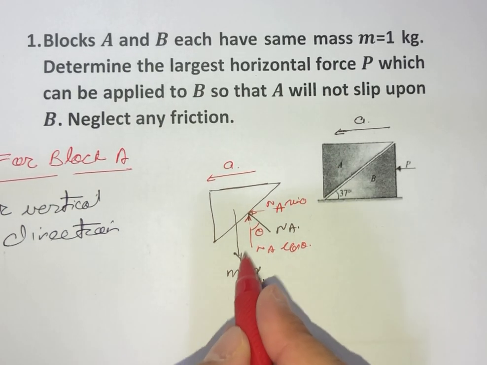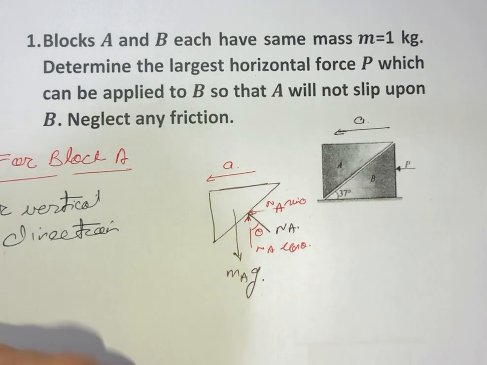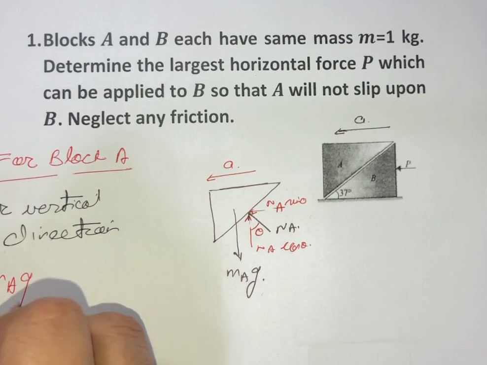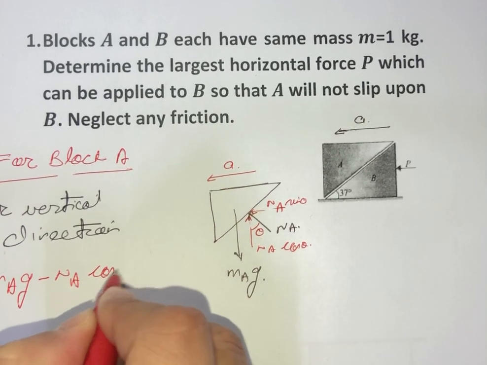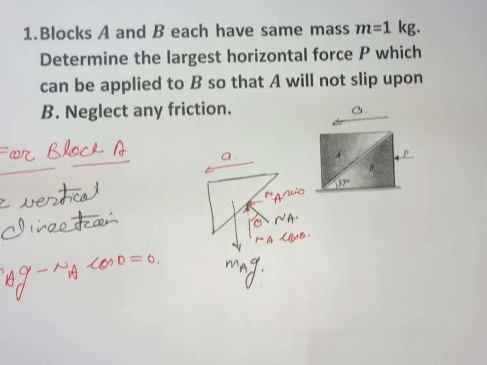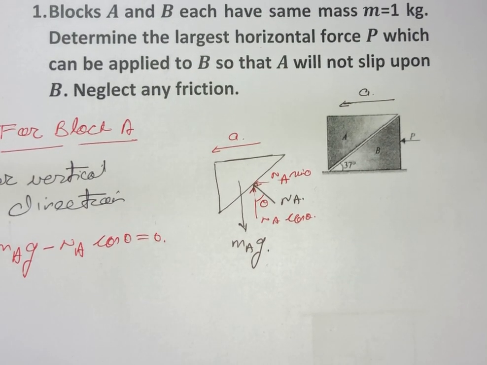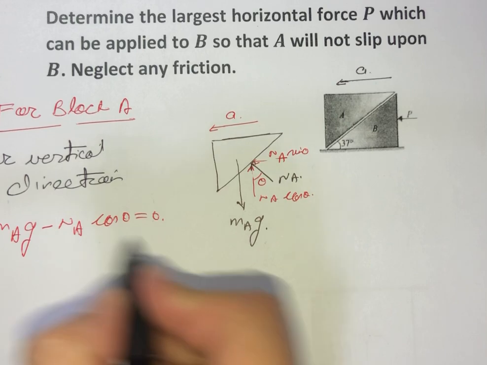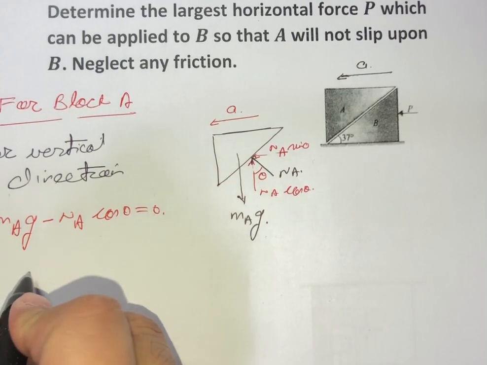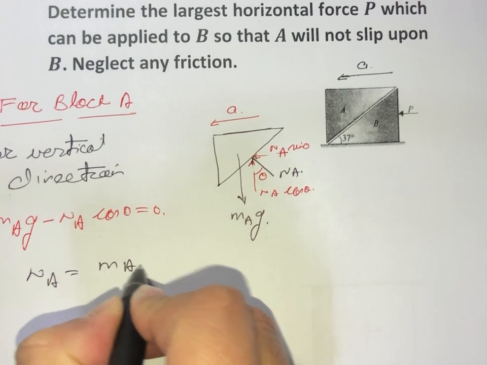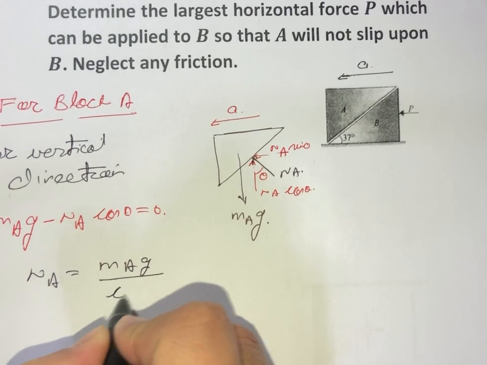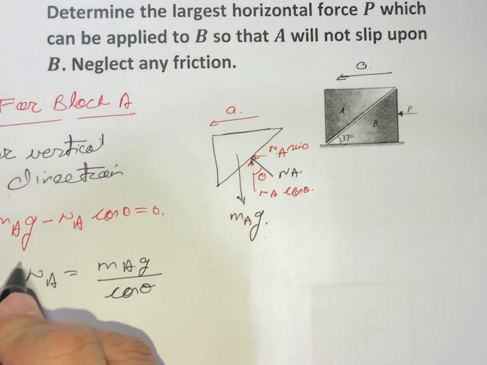So we have MAG minus NA cos of theta is equal to 0. From here we can write the equation for our normal NA, which will be equal to MAG divided by cos of theta.